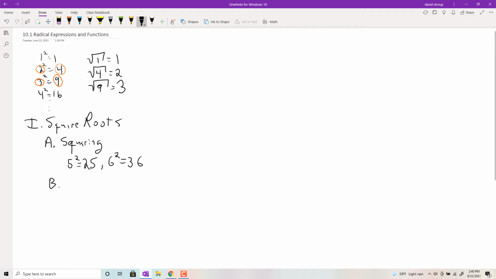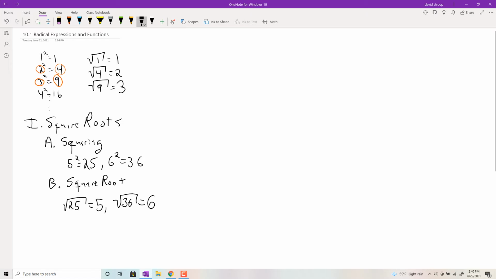And the inverse operation is going to be the square root. There's some issues though, and we have to talk about the issues here. Going in the reverse direction, if you take the 25 and take the square root, it'll give you back the base, which is 5. So just basically repeating what I've said already. And if you take the 36 and take its square root, you'll just get the 6 back.